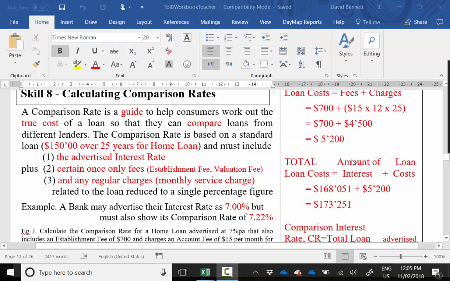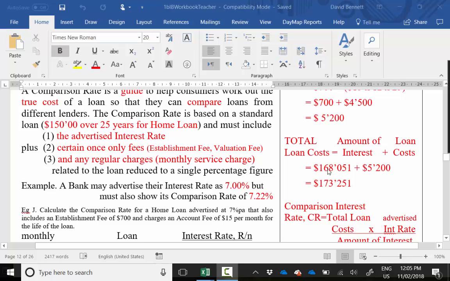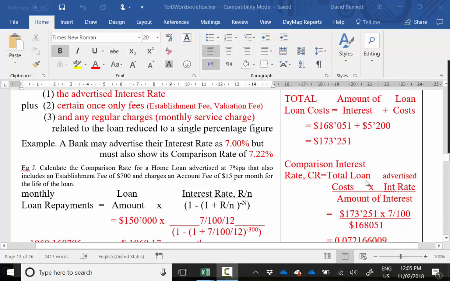The total amount of the loan cost is simply our interest, which is $168,000, plus our $5,200, which is $173,251.